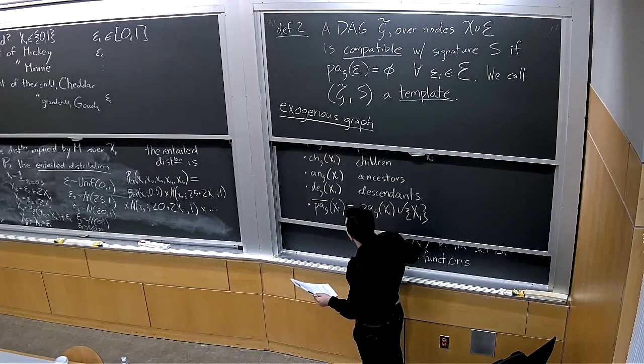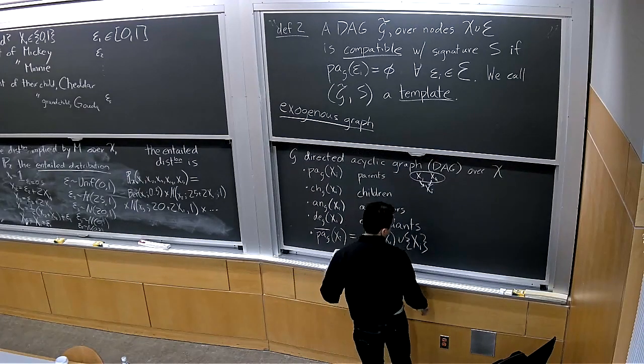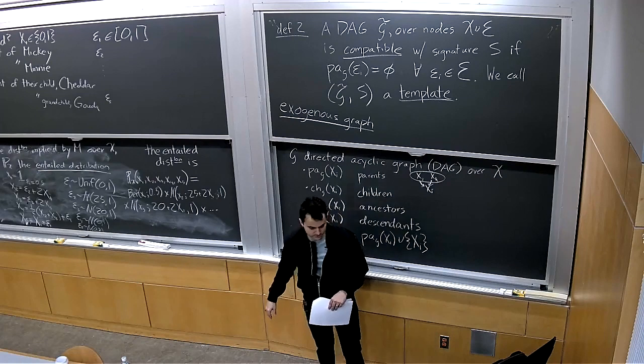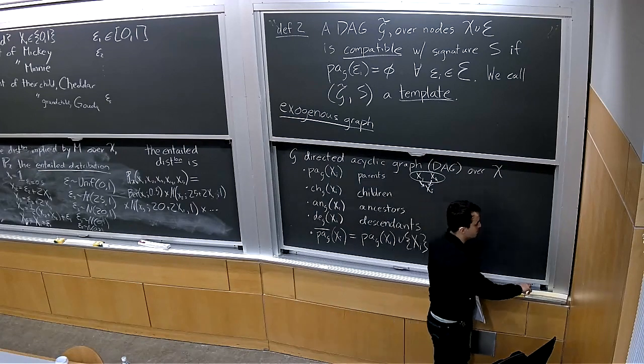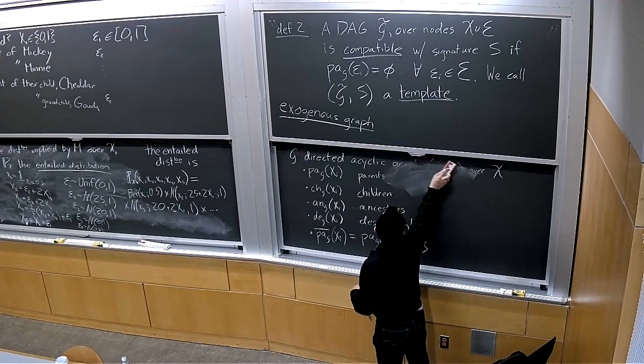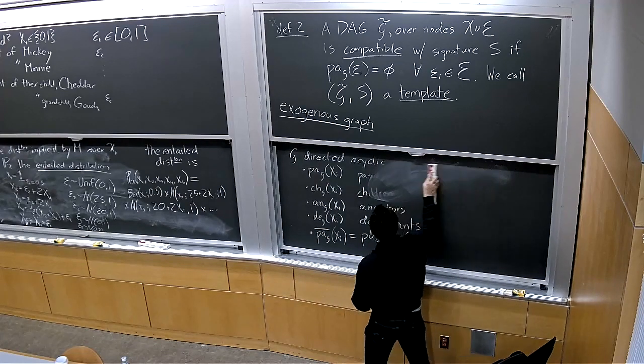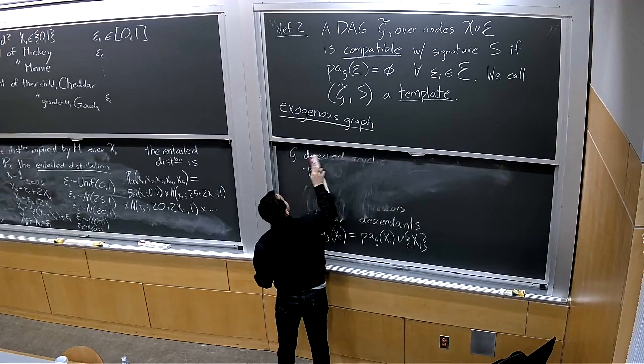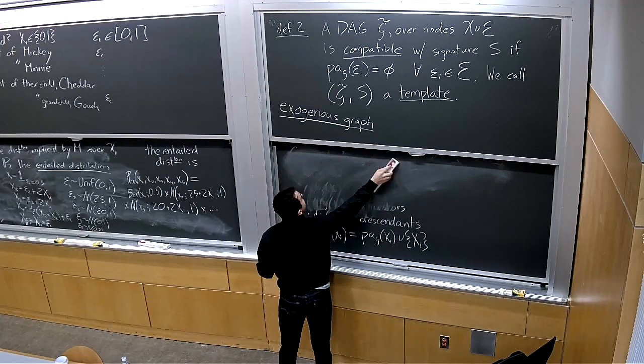So actually, the structural causal model, the interesting part about it is that I'm going to be able to do all these kind of operations on it that are going to give me more distributions. And those distributions are going to be related in certain ways.